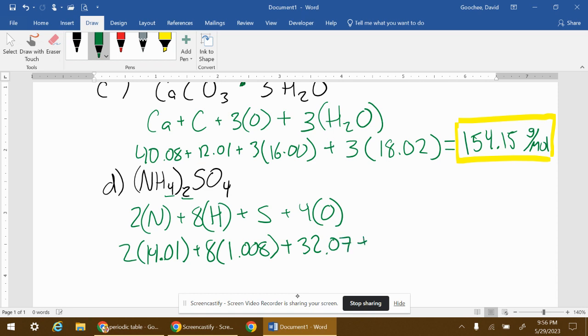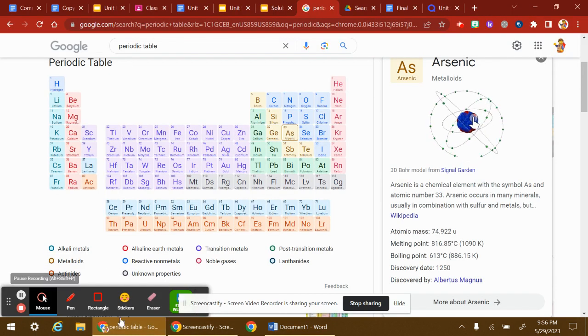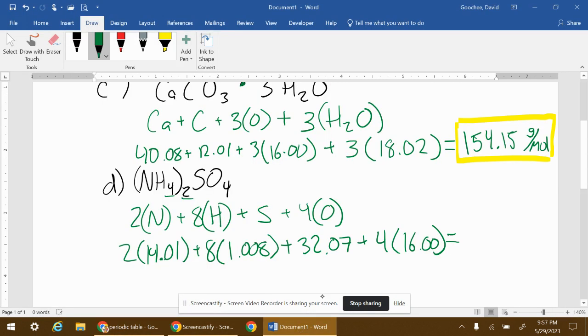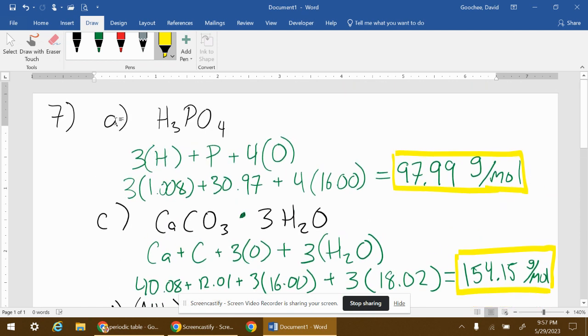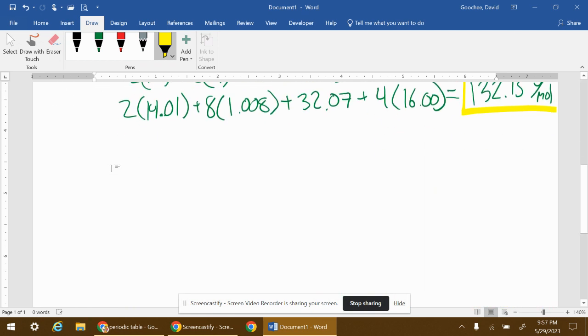Plus 4 oxygens. Oxygen is still 16. So now I'm going to add these all together. I got 132.15 grams per mole. And that right there is problem number 7, A, C, and D.